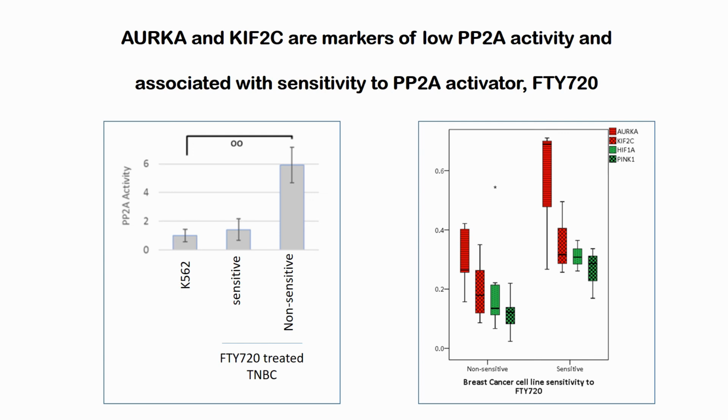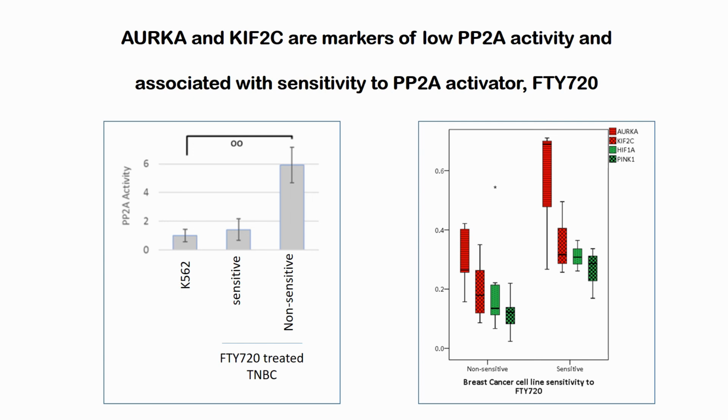So coming back to our interest to show the low PP2A activity, what we did is we compared these groups at a transcriptomic level, and we identified differentially expressed genes between sensitive and non-sensitive.